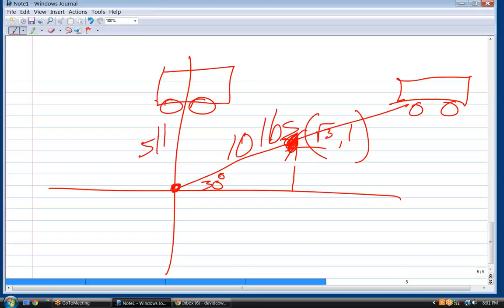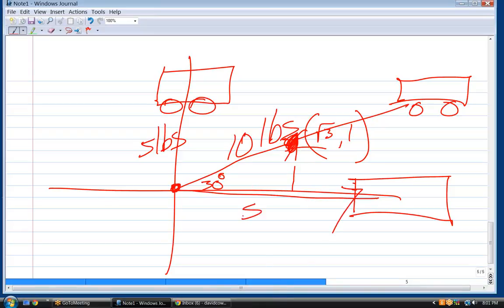with 5 pounds of pressure, and another truck down here pulling horizontally on that chain with 5 root 3 pounds of pressure, that's the equivalent situation. And that's what vectors are all about.